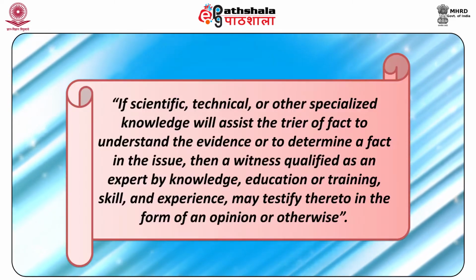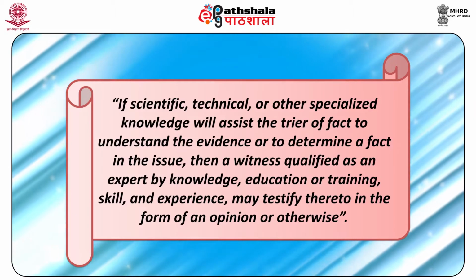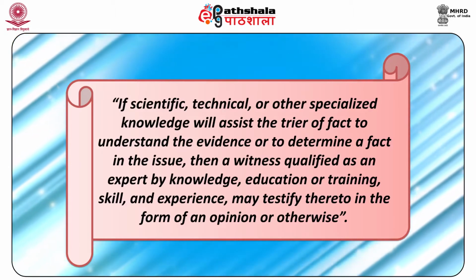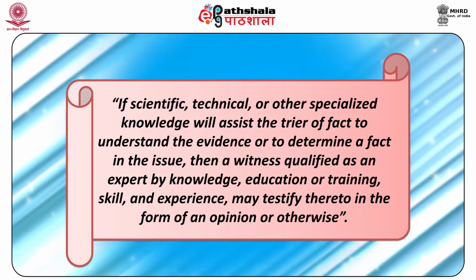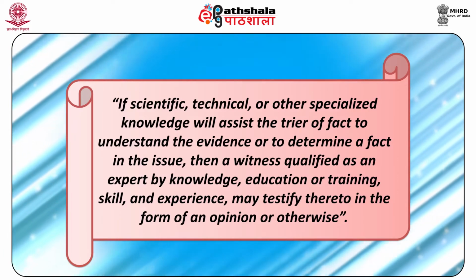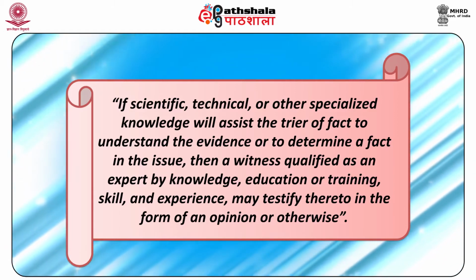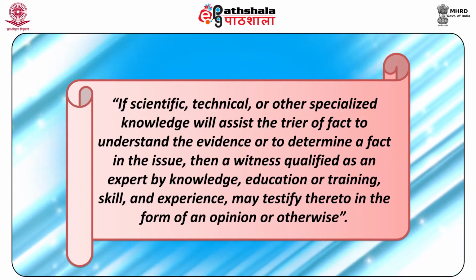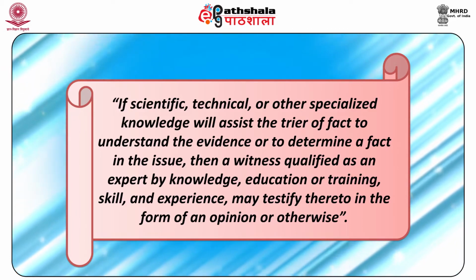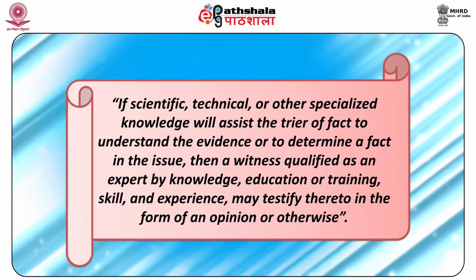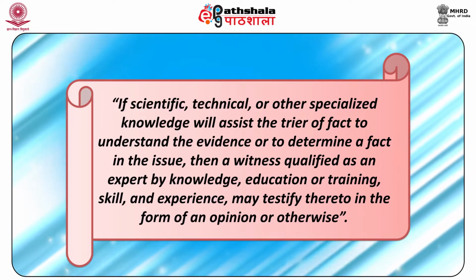The first version of the Federal Rule of Evidence was framed as: if scientific, technical or other specialized knowledge will assist the trier of fact to understand the evidence or to determine a fact in issue, then a witness qualified as an expert by knowledge, education or training, skill and experience may testify thereto in the form of an opinion or otherwise.